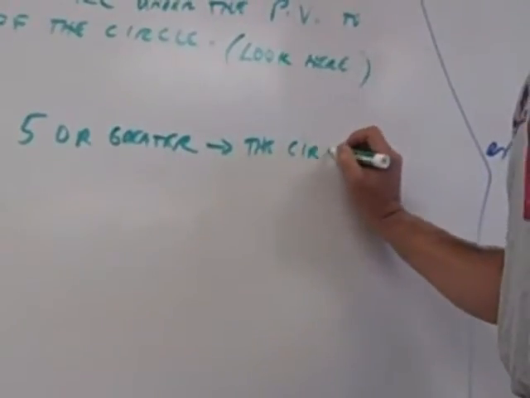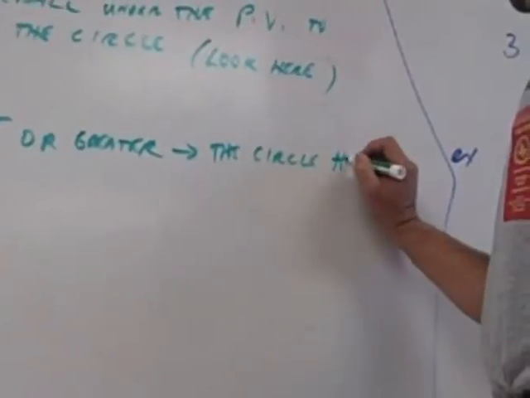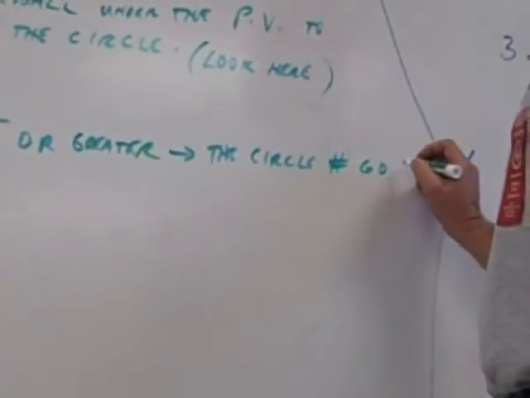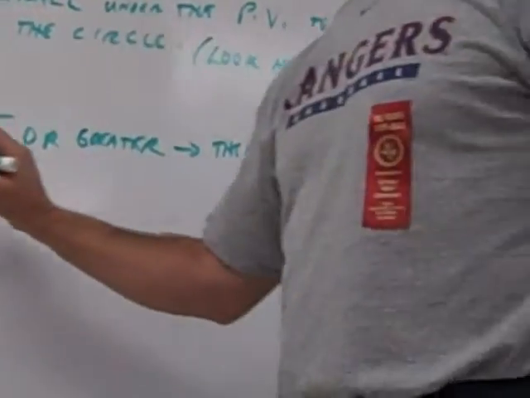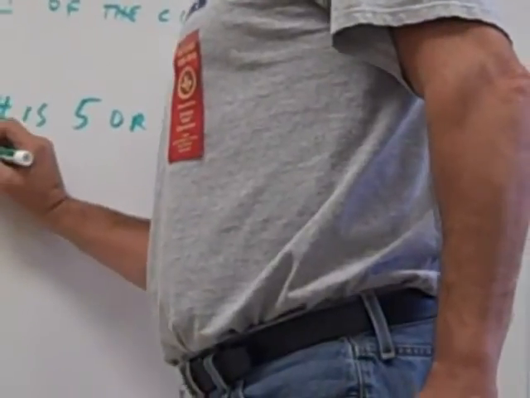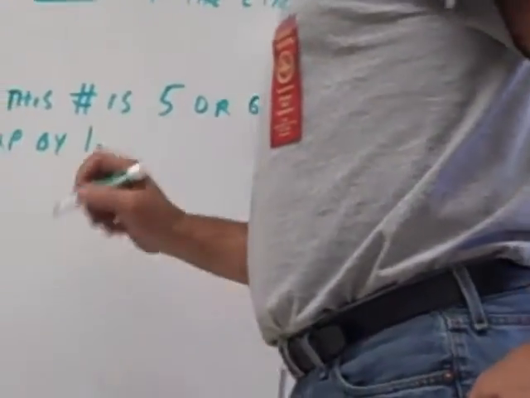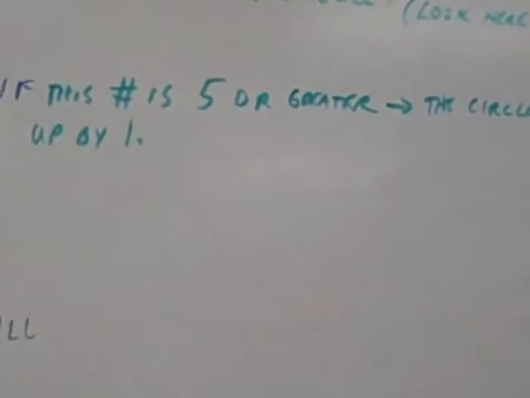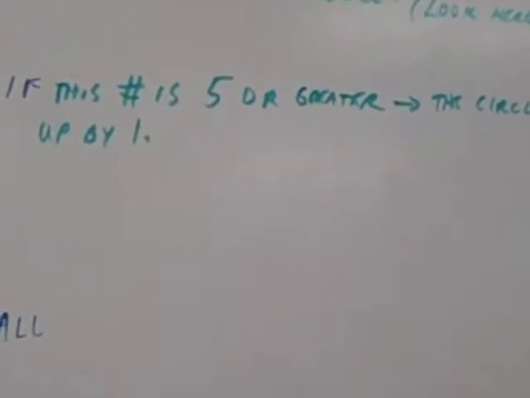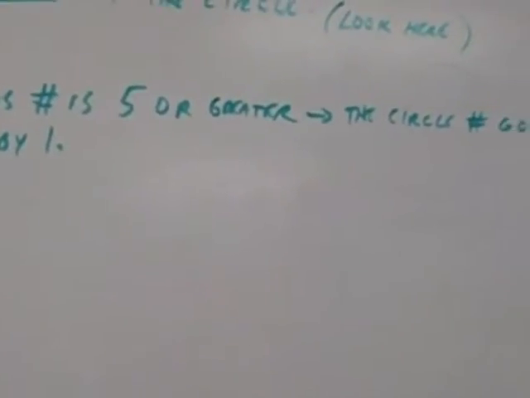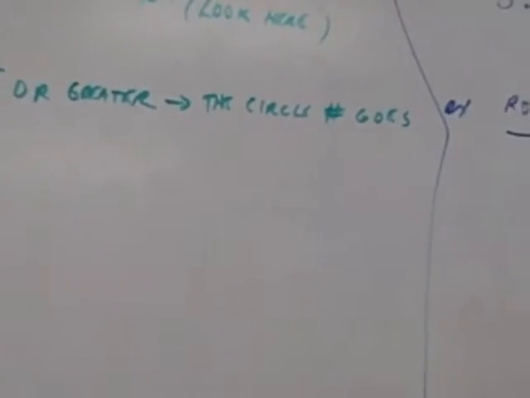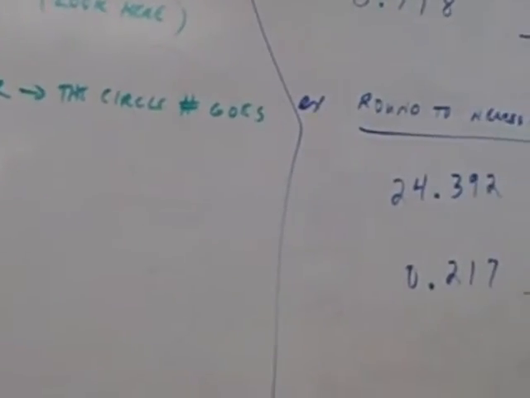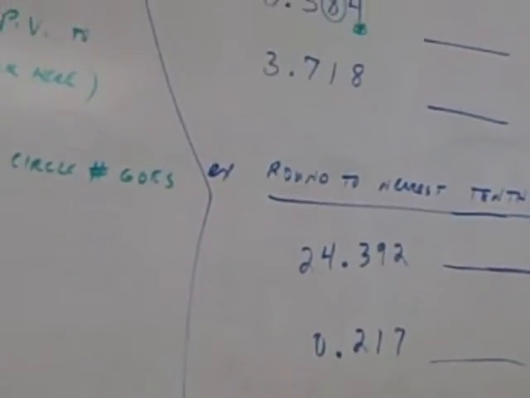The circle number goes up by 1. If this number is 5 or greater, the circle goes up by 1. The circle number goes up by 1.